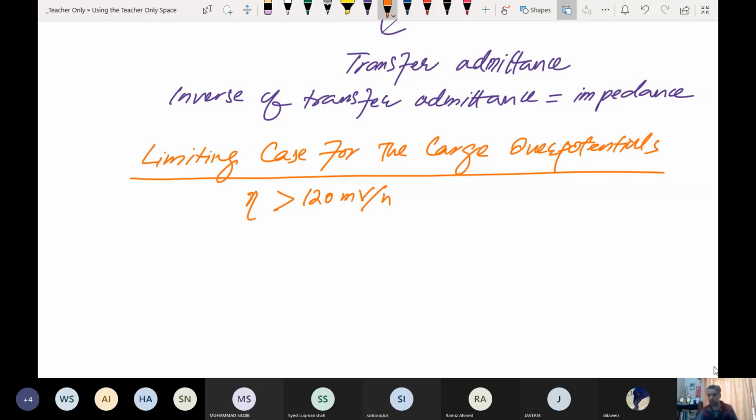So per number of moles of electrons, we are talking about the rate of one part of the reaction becoming negligible compared to the other, because we already know that there are two parts when we look at the rate of the reaction: the anodic part and the cathodic part. So when you have this type of overpotential, one of the rates is becoming negligible. What does it mean? It means that the net current will depend either on one or on the other.